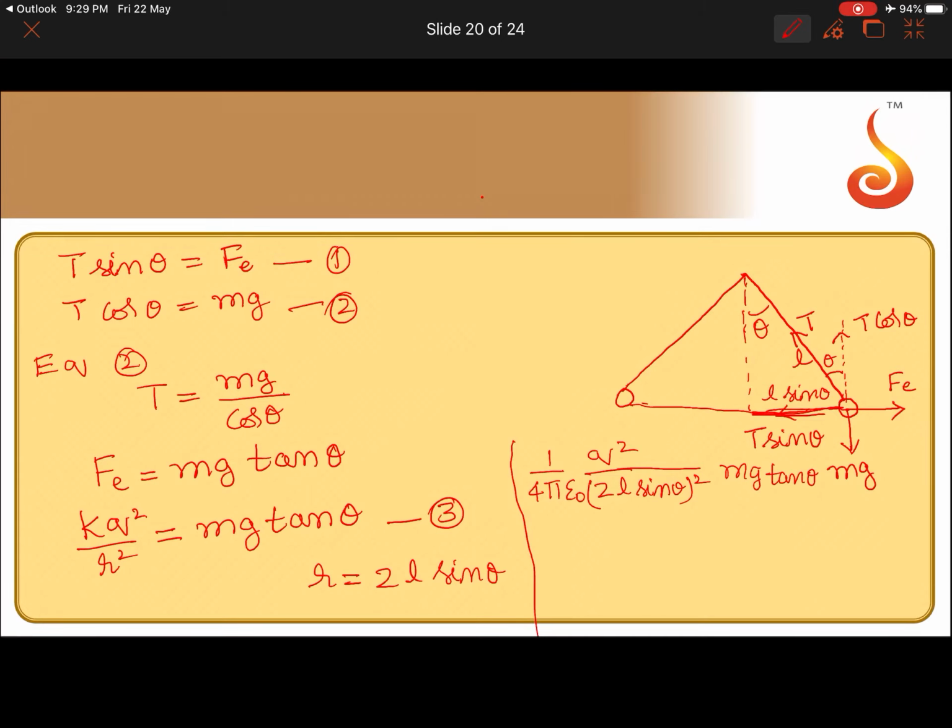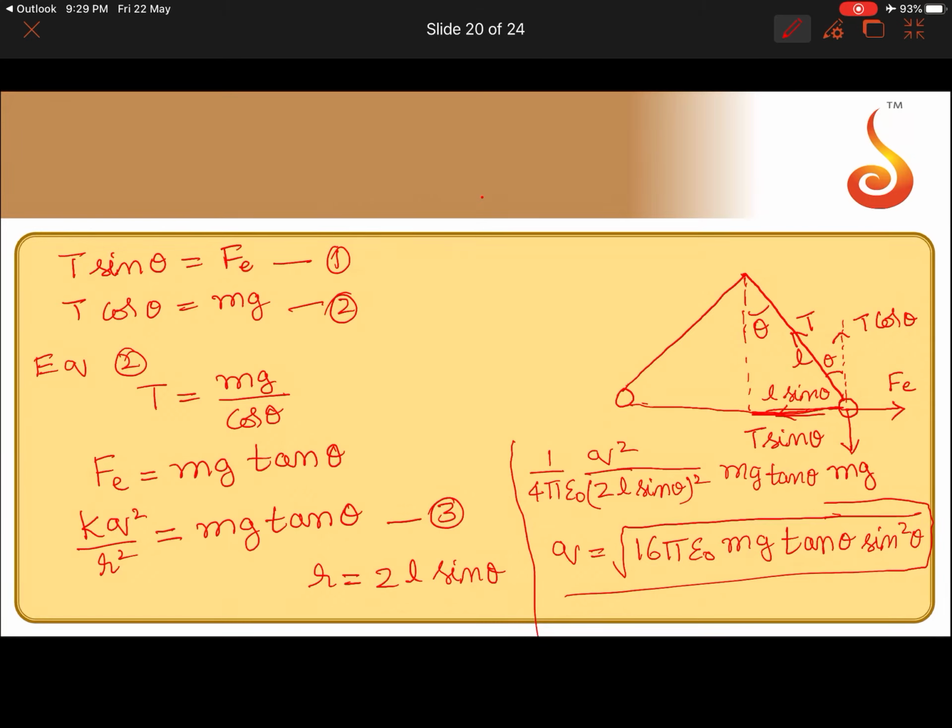Solve for q from this. So, we will get q is equal to root of 16 pi epsilon naught mg tan theta into sin square theta. So, this is the charge on each sphere. So, that is the answer.